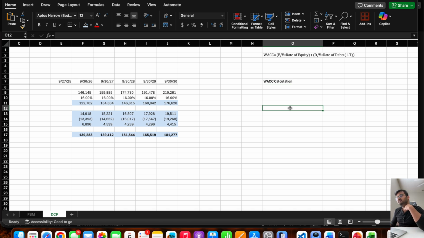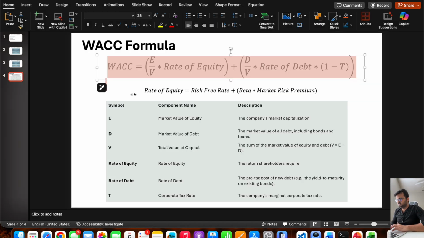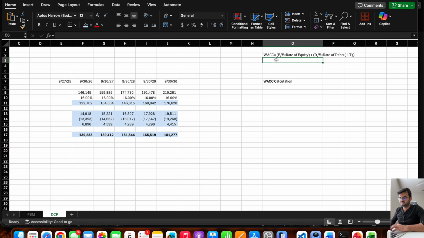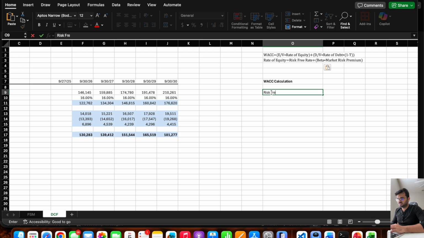Okay, so to calculate the WACC, let's first do the rate of equity. Even for rate of equity, there is this formula. We'll also copy paste it somewhere here. So the first value is risk-free rate.